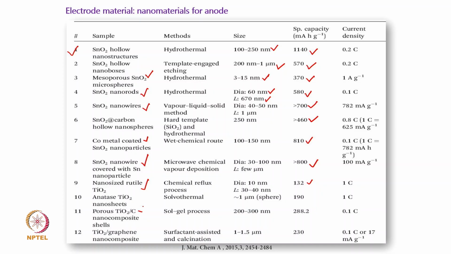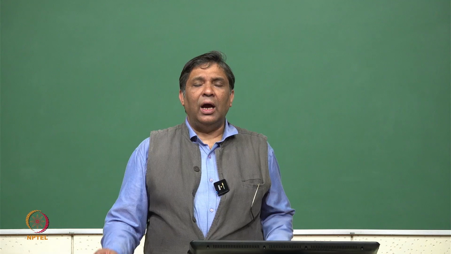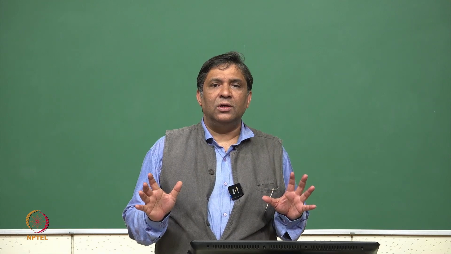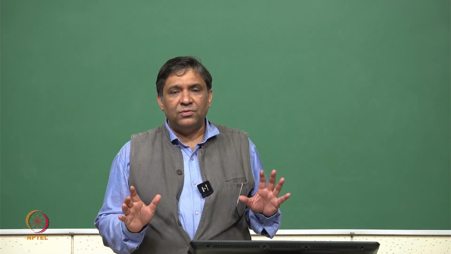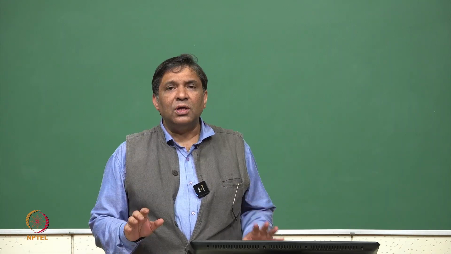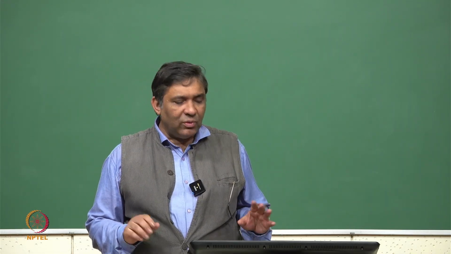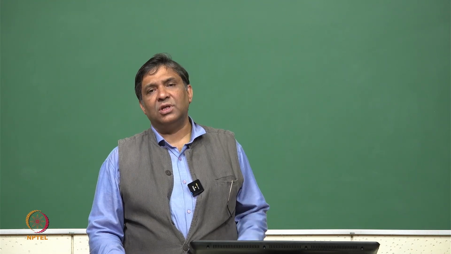So, TiO2 carbon combination, TiO2 graphene nanocomposite, with different specific capacity. So, what it means is that whatever specific capacity you design for, you look at the particular morphology of the nanostructured material or nanostructured electrode, here it is anode, and then you design it accordingly. Okay. Fine.